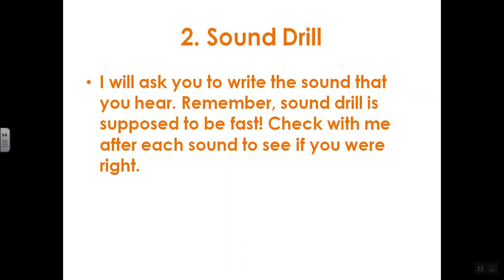If that k sound is before A, O, or U, we're going to use C. If that k sound is before E, I, or Y, we're going to choose K. And we're also going to choose K if we have a k sound after something like a long vowel sound or an R-controlled vowel sound. Okay? Let's move on to our sound drill.